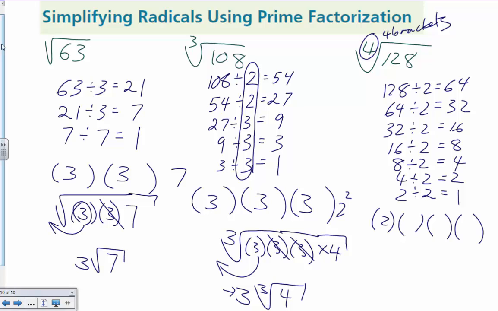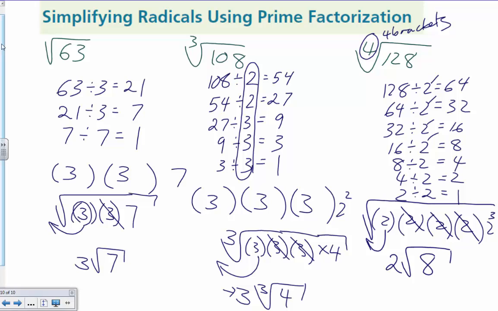So a 2, a 2, 2, 2, 2, 2. And now there's 3 left over. So I get 2 to the power 3. So not enough. So if I put a radical over top, take 1 to go out, cross out the other 3. 2 to the power 3 stays in, I get 2 fourth root of 8.